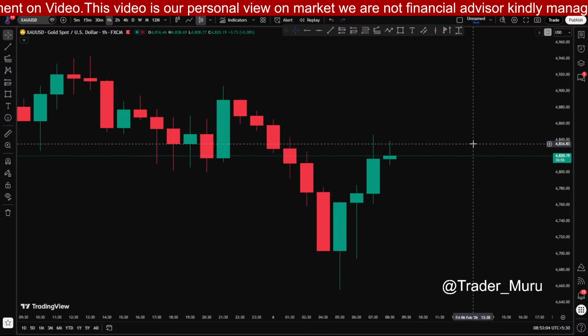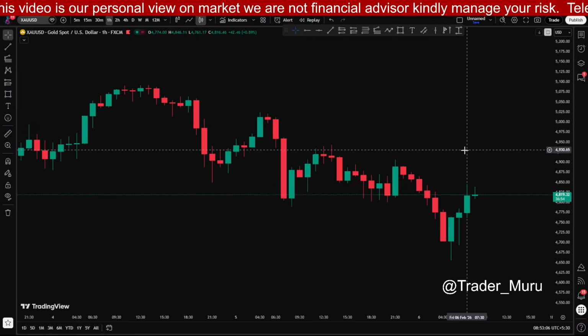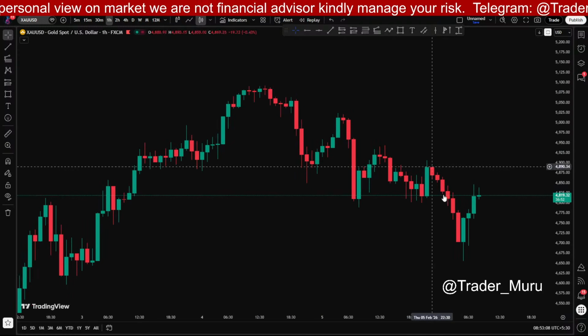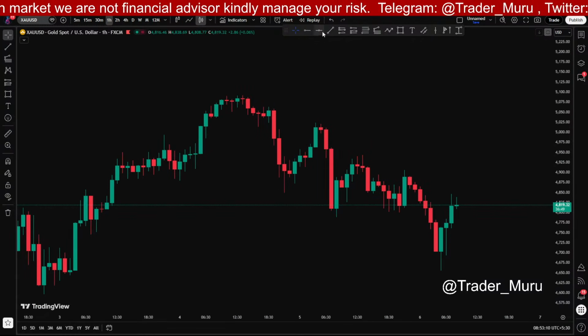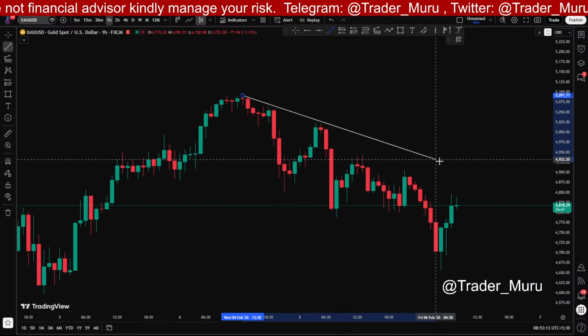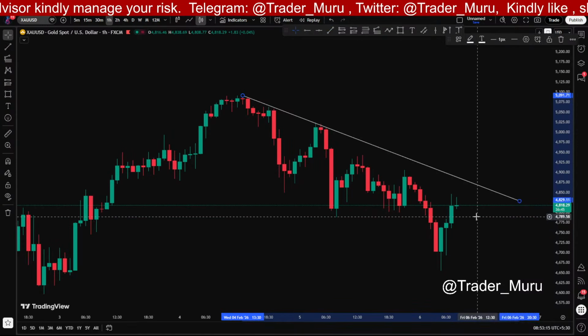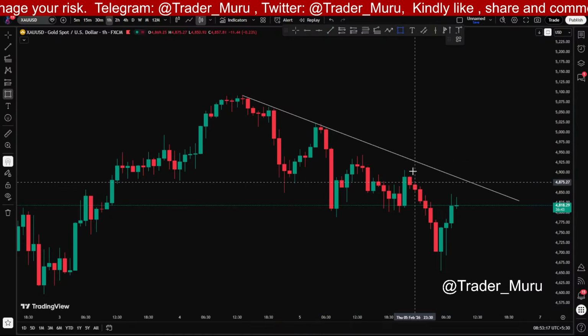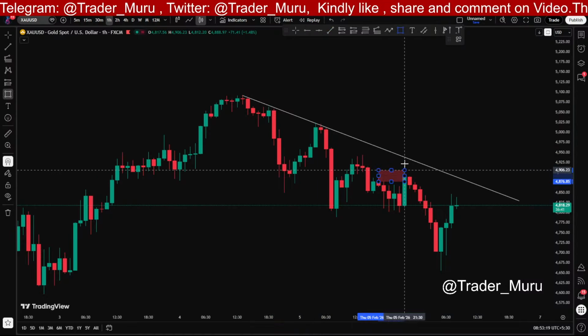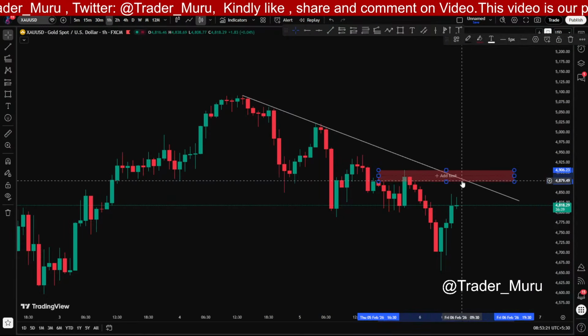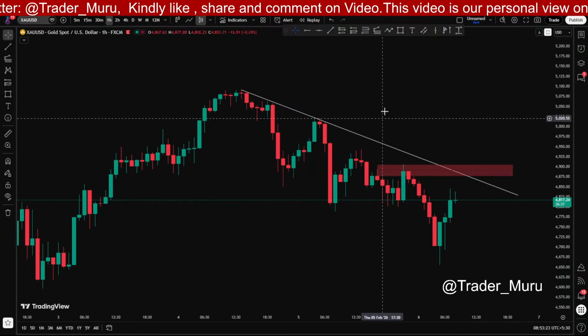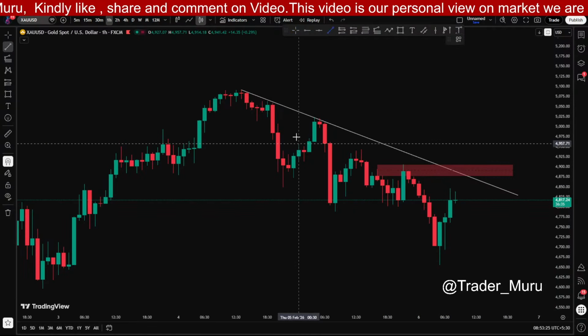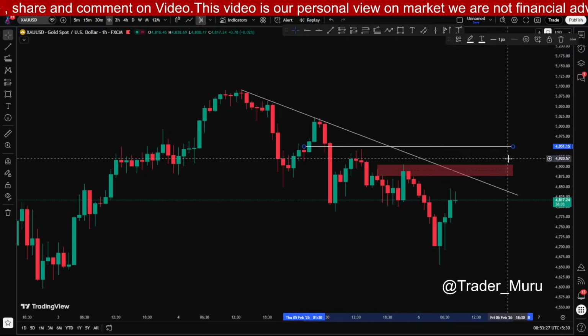So follow the current structure. The current structure is still bearish. Price is likely to consolidate here and drop again. And this is the channel in which it is running right now. Price is having this supply test here and it can drop. Price should not go above this zone here.